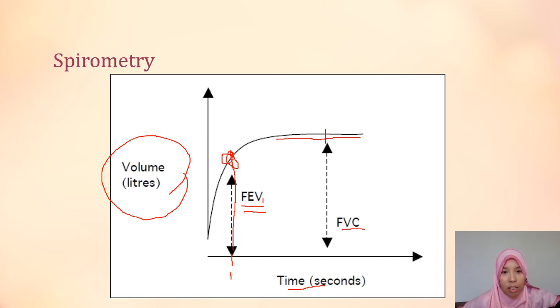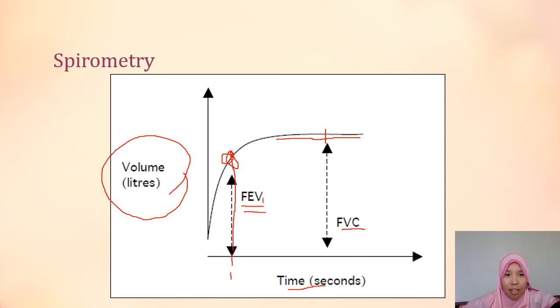And using this graph, we can figure out whether or not the lung is okay. You know that lung diseases are basically divided into two main types. One of them is called restrictive and the other is called obstructive.